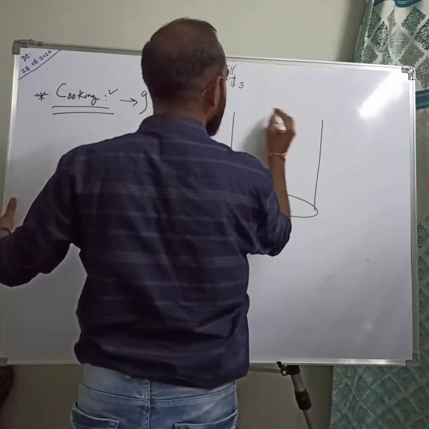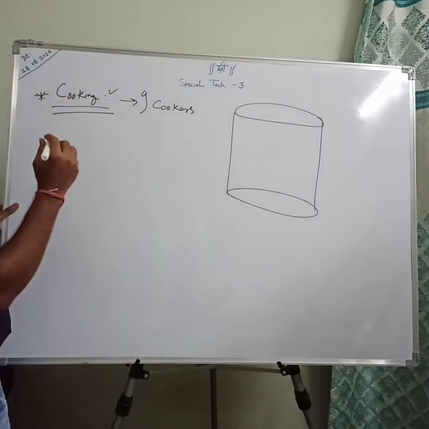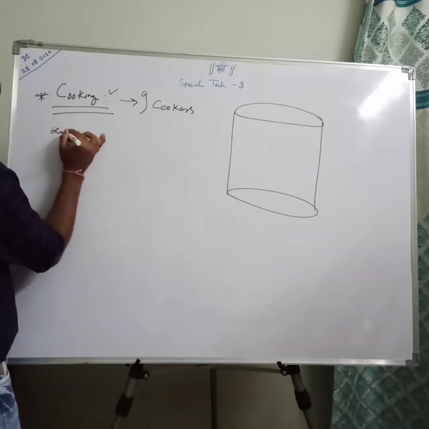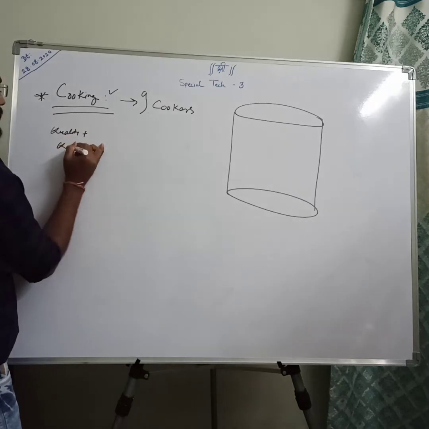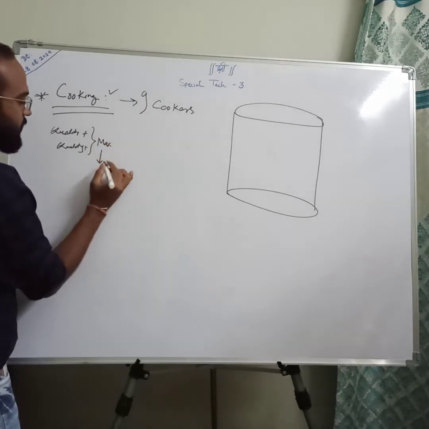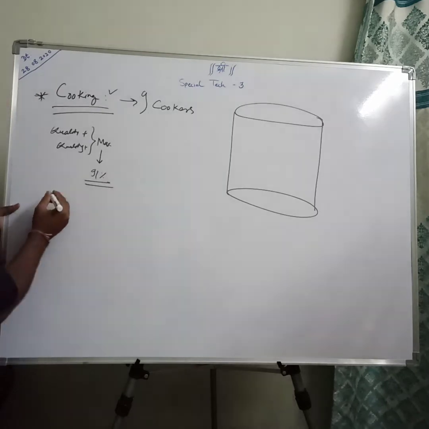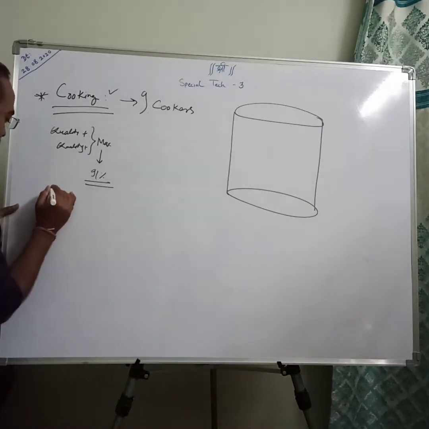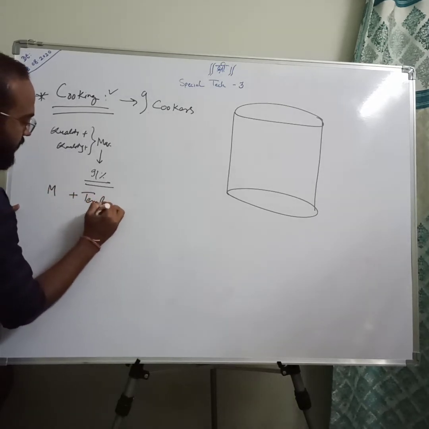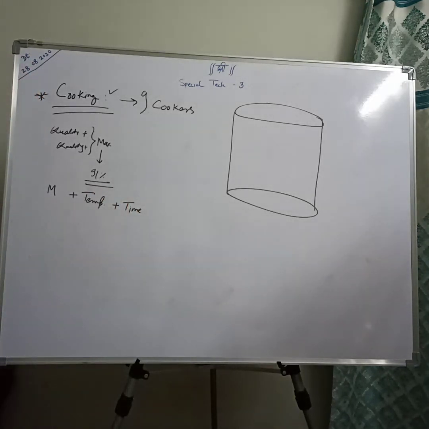Why is there a need? Because if you need a maximum quantity of oil extracted, quality plus quantity, if you need it maximum from seeds, like in the last example where we get 91%, you need to control properly three parameters: moisture content plus temperature plus time, that is cooking time.